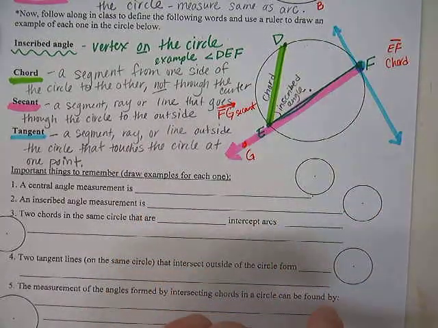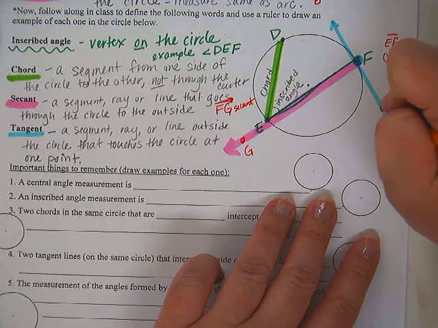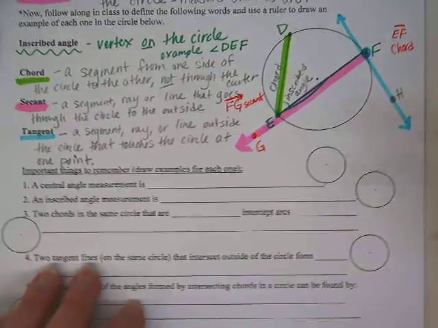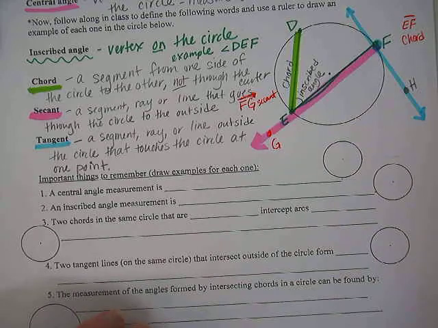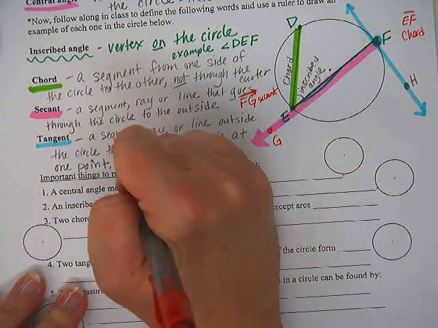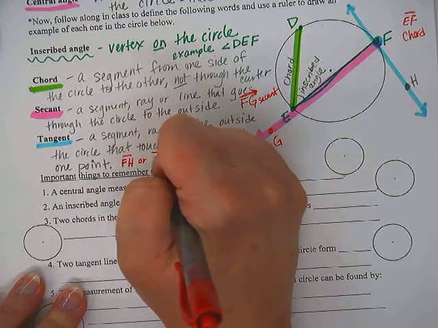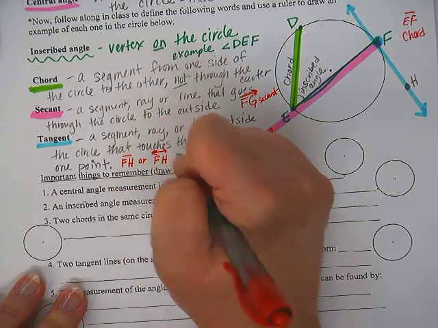I could do a whole new point and just put it over here out of the way. I think I'm going to go off of a point that's already there. Point F is right on the edge of the circle. So if I'm drawing a tangent line, it's going to be outside the circle, just touching at point F. Maybe I'll even label another point on it so I can name it.